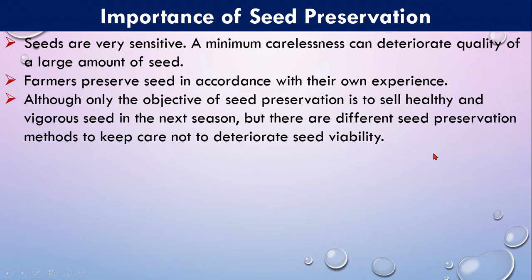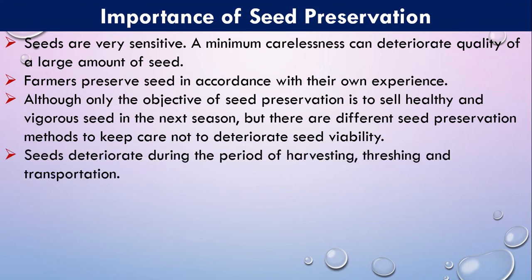That means if we preserve the seed for commercial purposes and want to sell it in the next season, we are unable to sell it if we do not preserve it properly, because all the seeds will deteriorate, so it will be a great loss in the business.